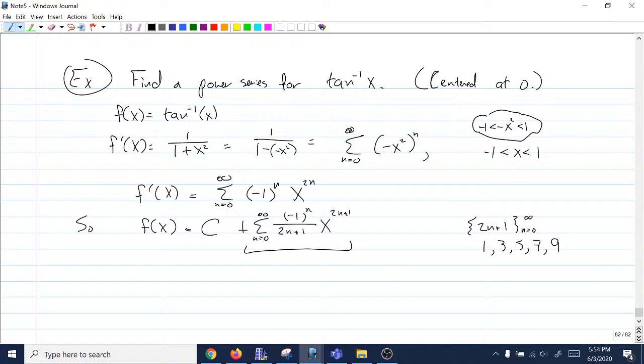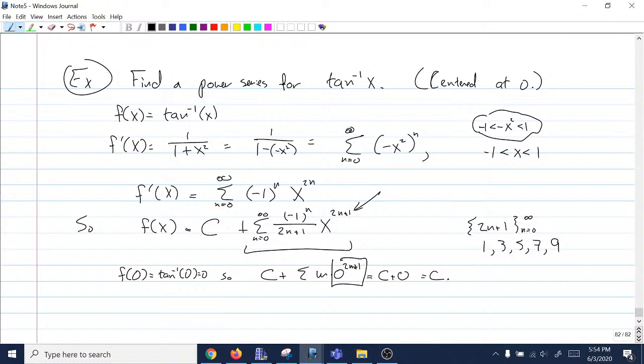Those aren't there. I need to figure out my c. I can figure out f of 0 is tangent inverse of 0 is 0. So c, the constant term, is 0. Or, I guess we haven't noted that c is always the constant term. C plus, when I plug in 0, is c plus 0. I should be checking for myself that I've done a thing that could be a mistake.